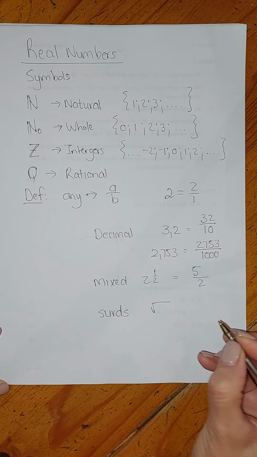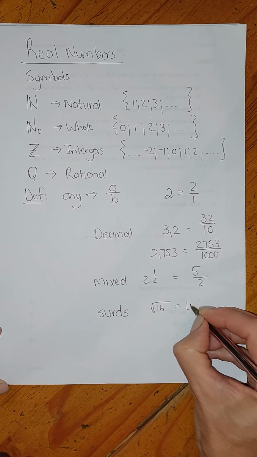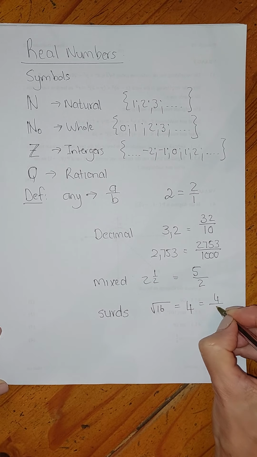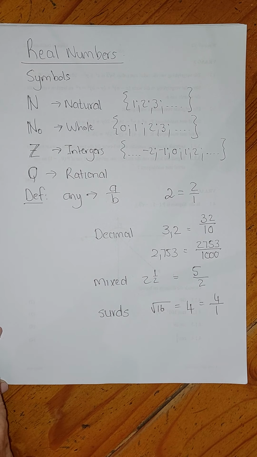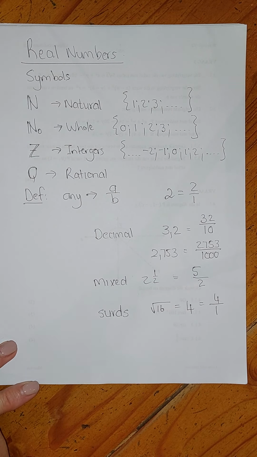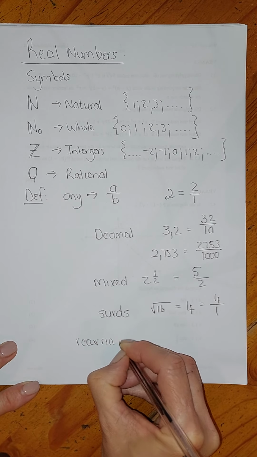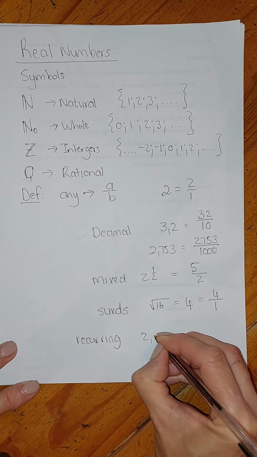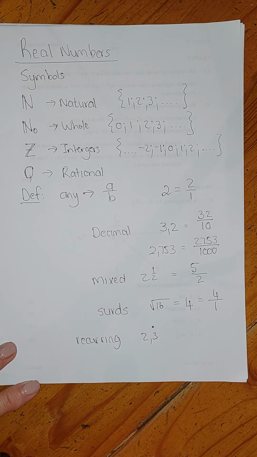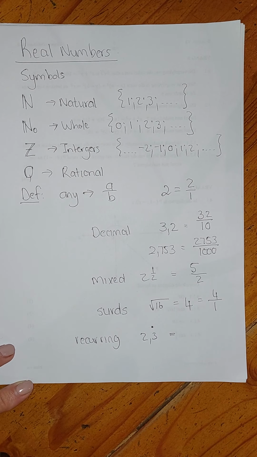For example, the square root of 16 is 4, and 4 can be written as 4 over 1. So some of our surds are rational numbers. And even our recurring decimal numbers, like 2,3 recurring, are also rational numbers.